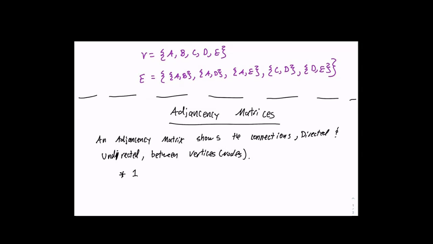One is equal to a connection, which means that there's an edge between, and 0 equals no connection, no edge between.